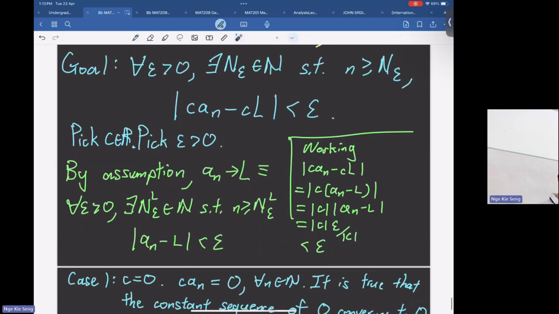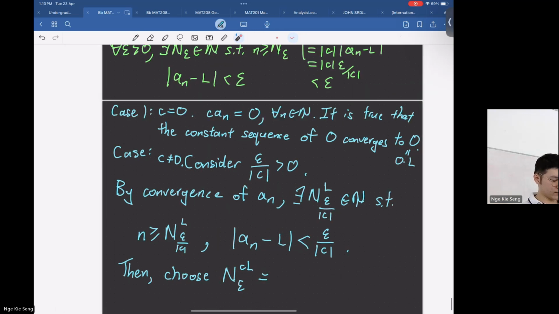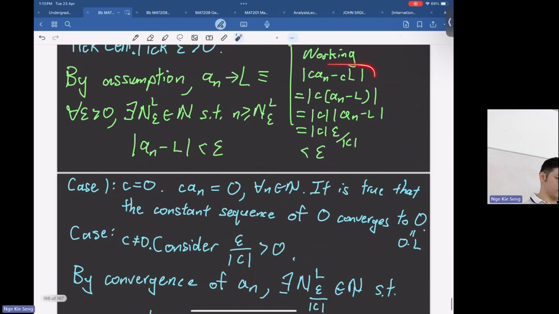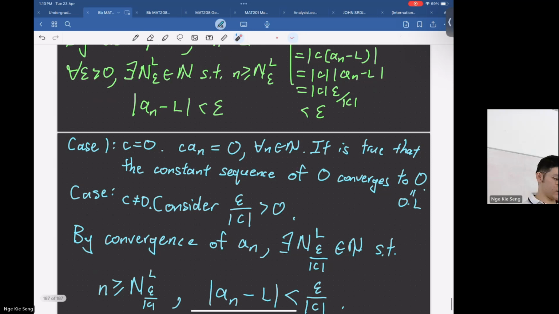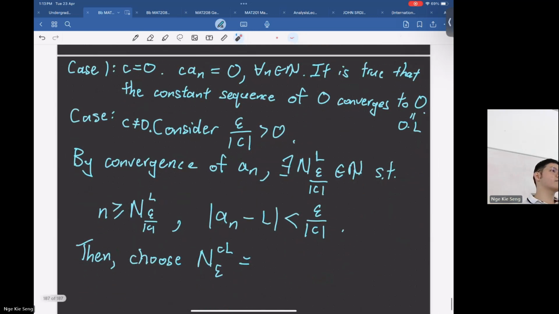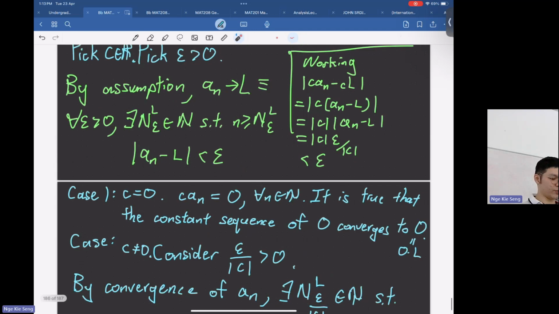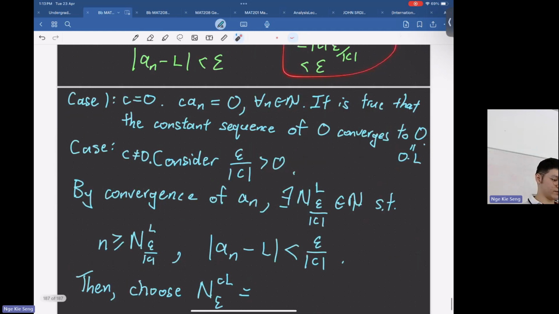Remember, my goal is I have an epsilon, I need to give a capital N, right? So what's the N I pick here, such that the working will work? Any idea?